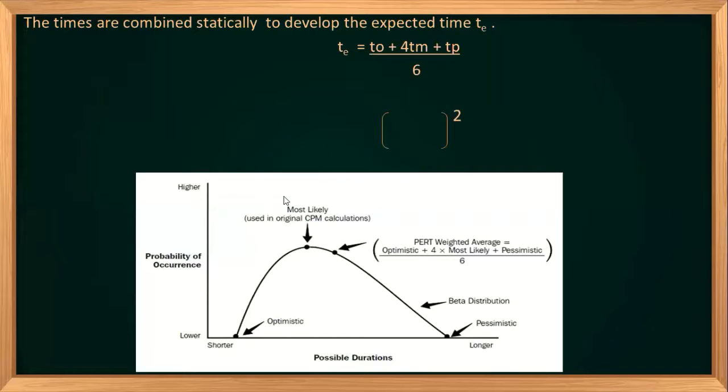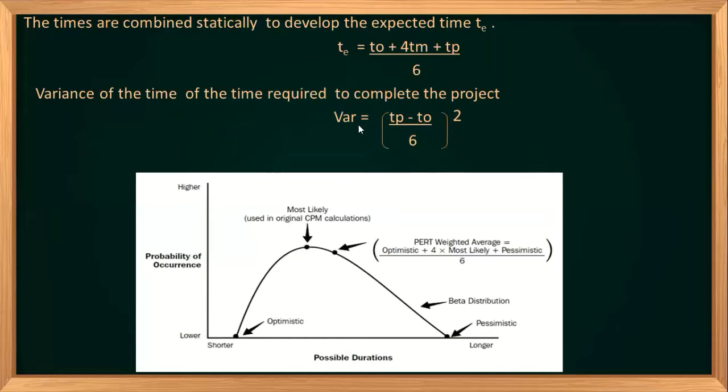Since it's a probabilistic approach, there could be variance. The variance formula is: variance equals TP, the pessimistic time, minus TO, the optimistic time, divided by 6, whole squared. We use this formula to calculate the variance. Once you get the variance, computing the standard deviation is easy: just take the square root of the variance to get sigma. Generally, sigma is calculated for the critical path, not only for a particular activity.